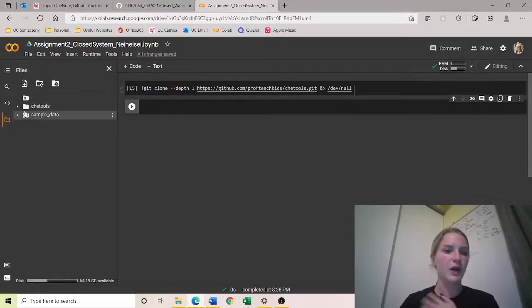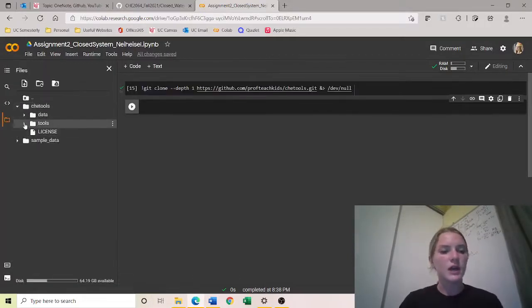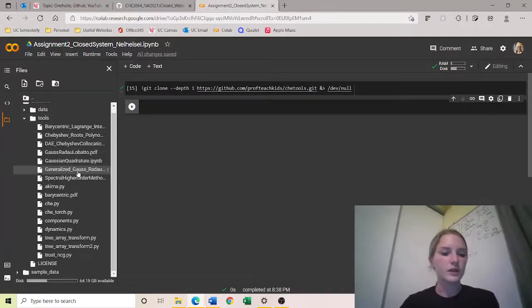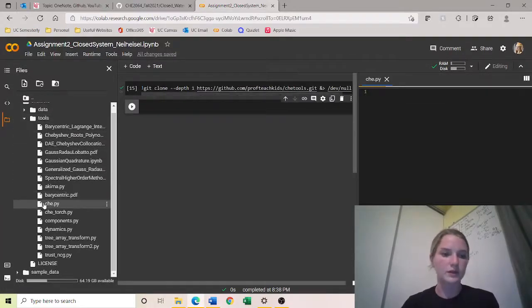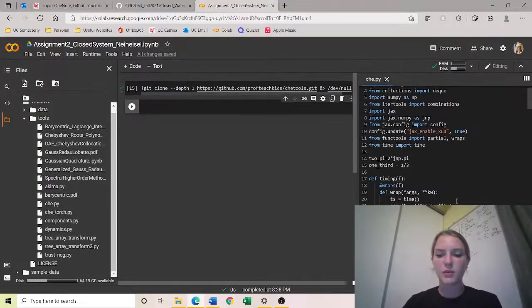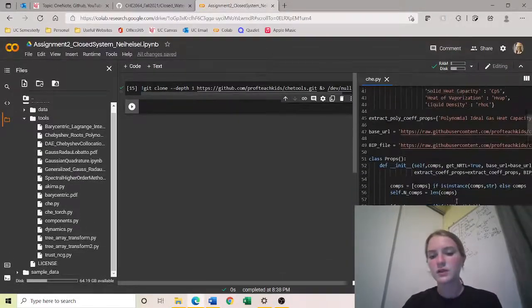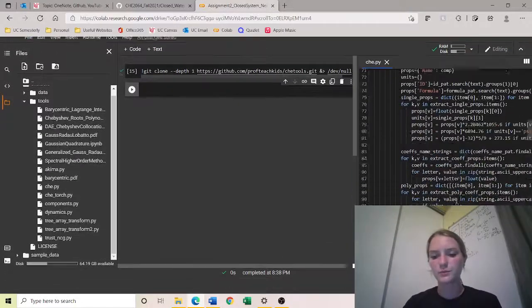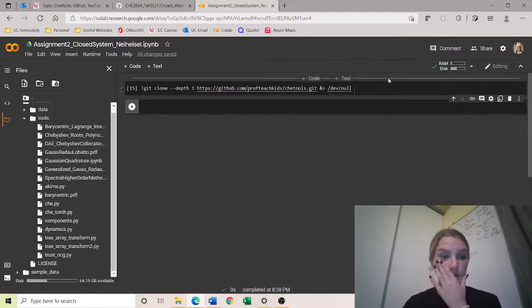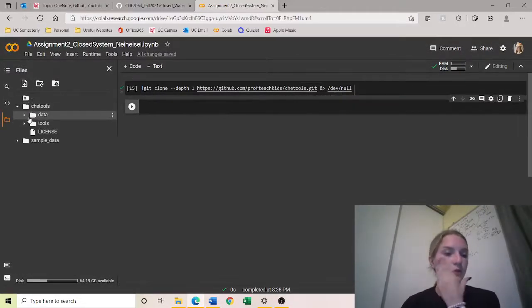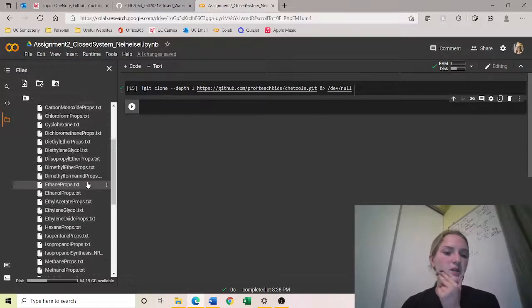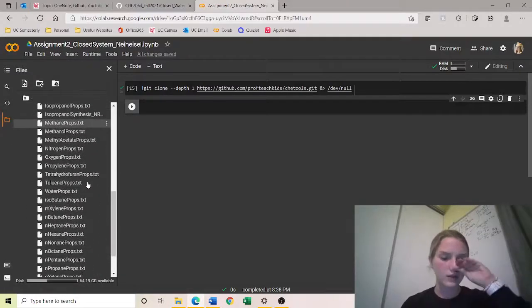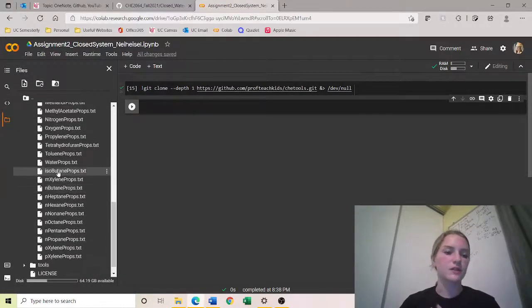When you open up files, you're going to come to this CHE tools, and we are going to be able to see all of these codes that are pre-written for us. We will use che.py the most. This is just a long code that we are able to use. Now if we go into data, we have all of these different compounds and all of the properties of these different compounds.